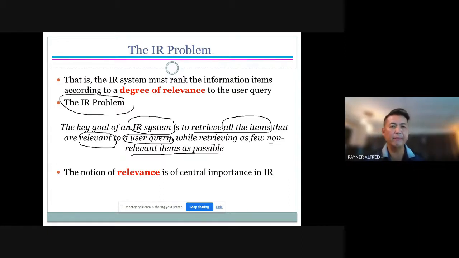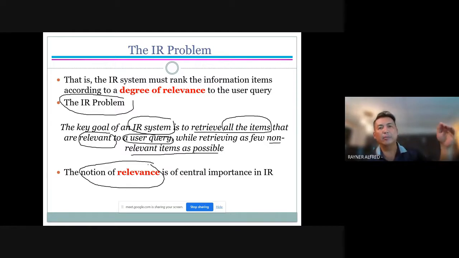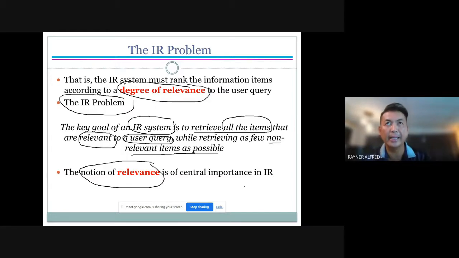But in information retrieval, we will be using the notion of relevance, because we only talk about this document is 90% matching with the query, or this document is only matching up to 75% of what we have for that particular query. So we are looking at the degree of relevance. Okay, we are not looking at the actual matching, but we're looking at the degree of relevancy.